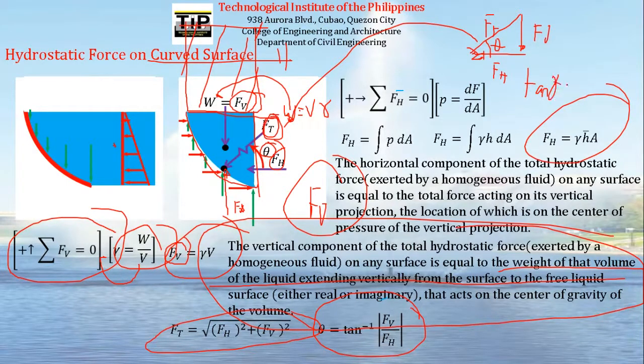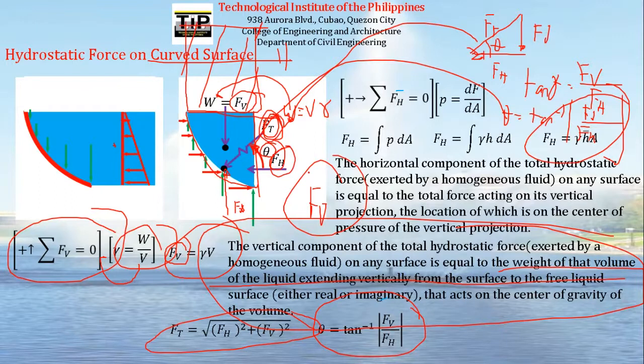So tangent theta is equal to the opposite side, F sub B, over the adjacent side, F sub H. Getting this theta, it becomes the inverse tangent of F sub B over F sub H. That's how we get the angle between the resultant force and the horizontal component.